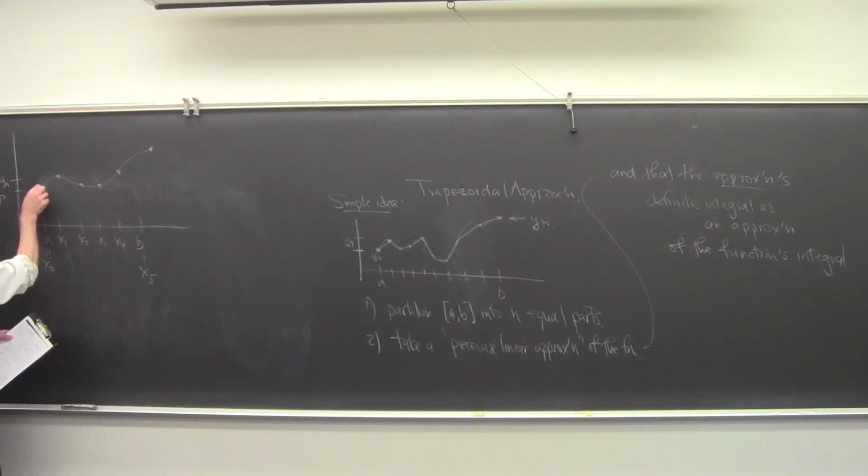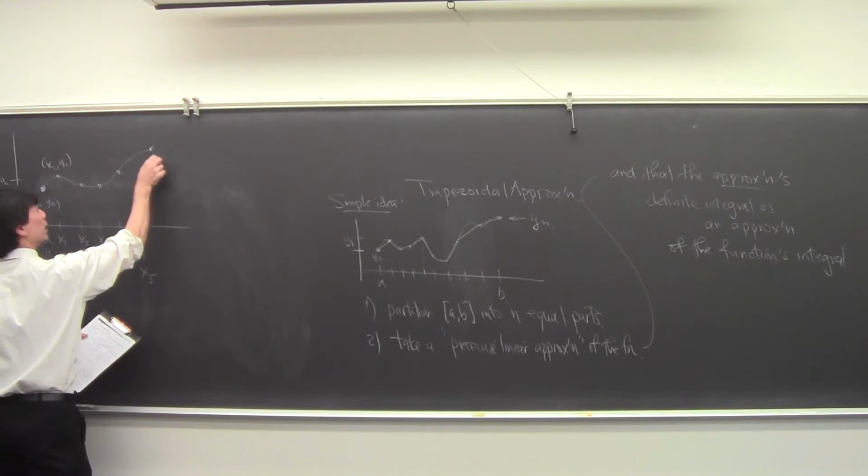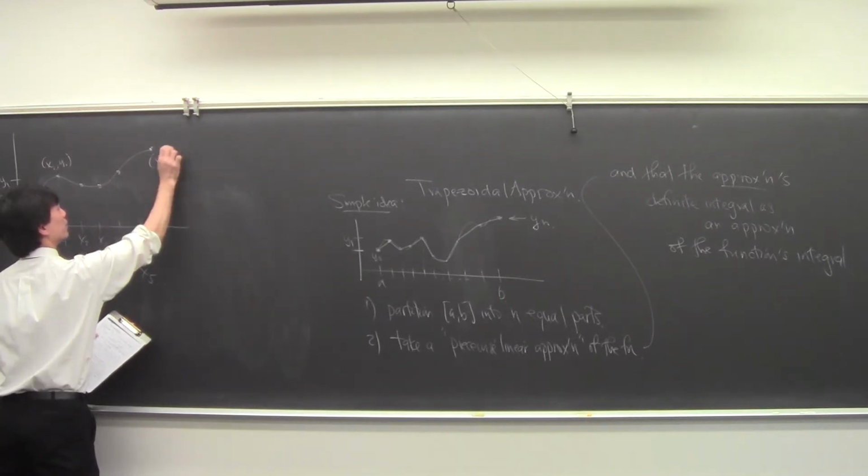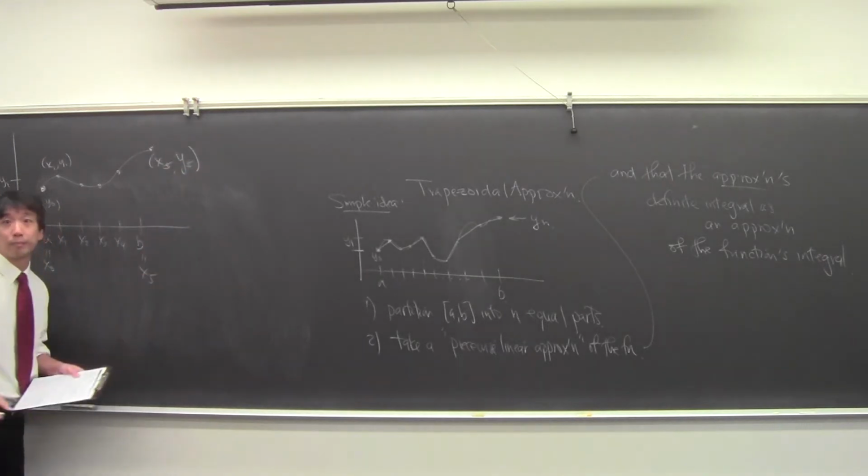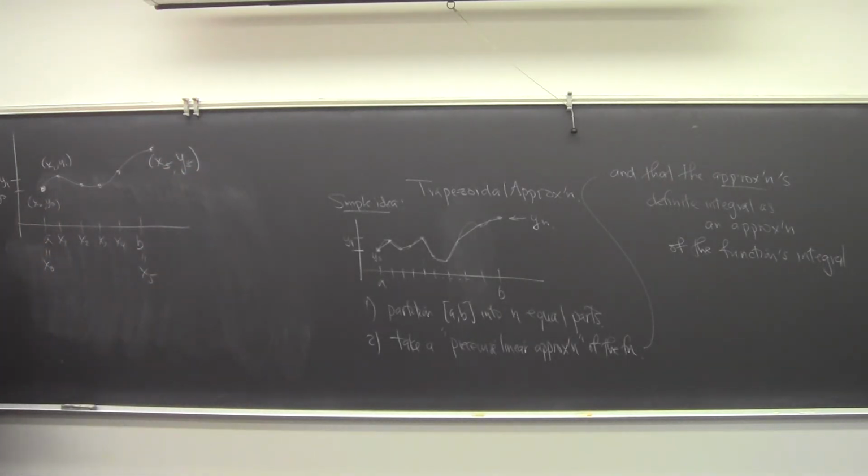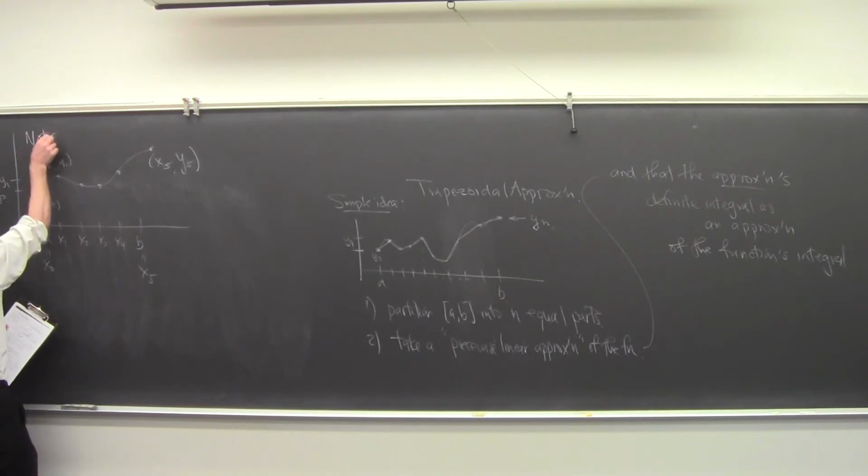So the coordinates of each point are (x0, y0), (x1, y1), dot, dot, dot, (x5, y5). Just notation.